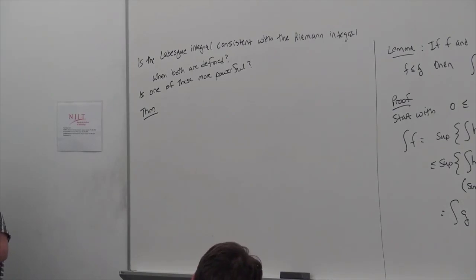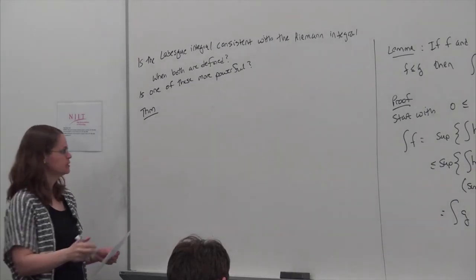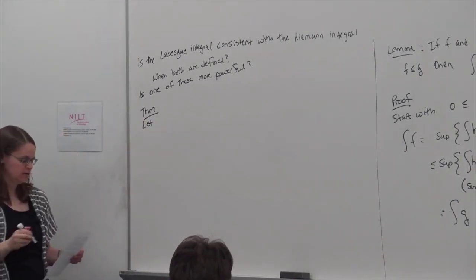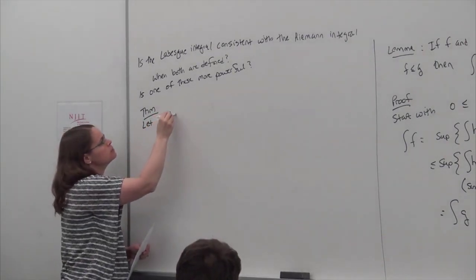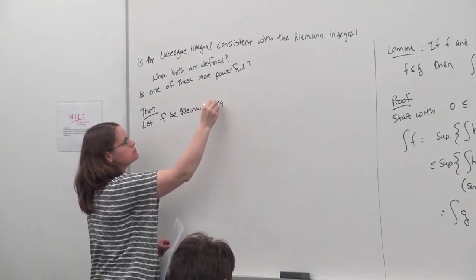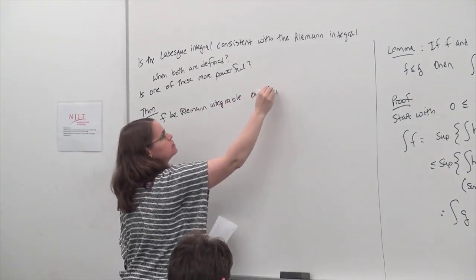Okay, so here's the big result, which is an important result, and it will turn out is not going to be too painful for us to prove. Let's suppose I have a Riemann integrable function on some interval.